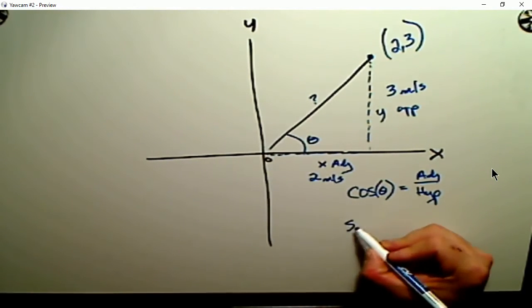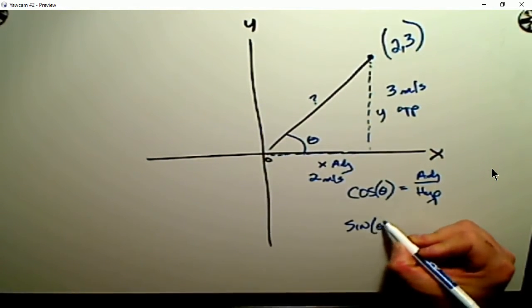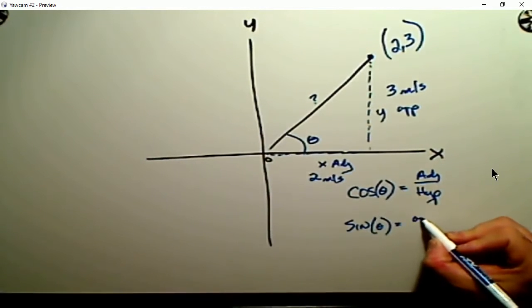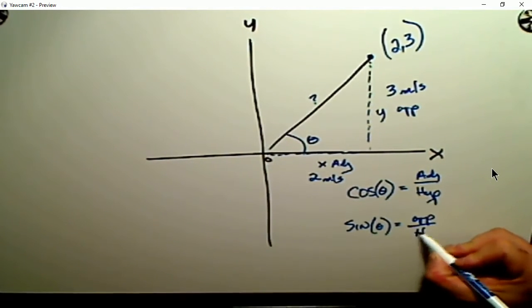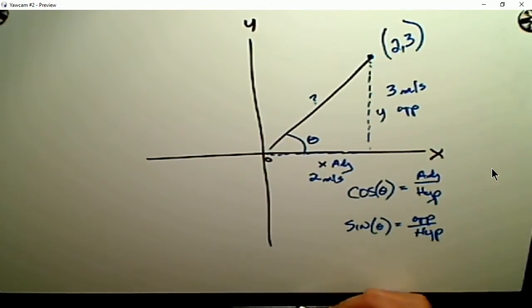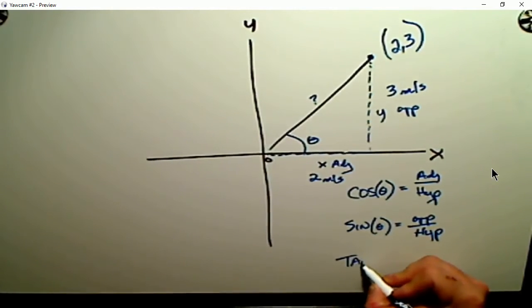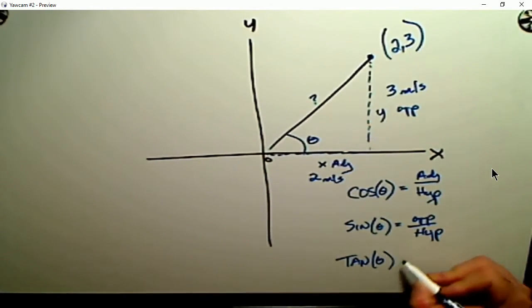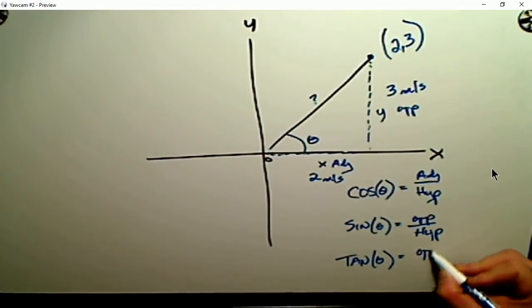The sine of the angle is equal to the opposite side over the hypotenuse. Tangent of the angle is equal to opposite over adjacent.